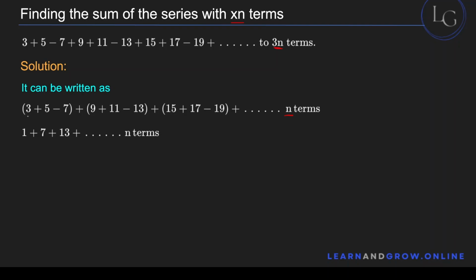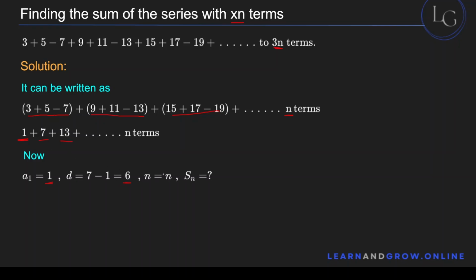When you add up these values, you get 1. That is the first term of the new series. When you add up these values, you get 7. And when you add up these values, you get 13, sorry. So now you have a1 as 1, and the common difference d is 7 minus 1, which is equal to 6.